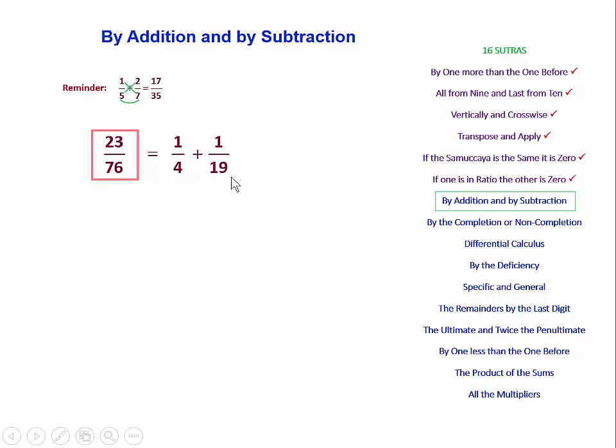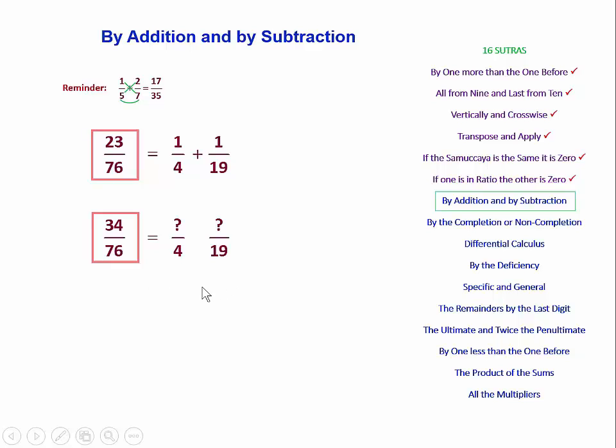And this is a bit easier because instead of having a divisor of 76, which is a little awkward, all we need to do is to add up 0.25 and the decimal for 1 over 19, which is easy to get. And this can be extended. Let's say we've got 34 over 76. How can we do this? How can we find numerators with a plus or minus here in order to get that 34?